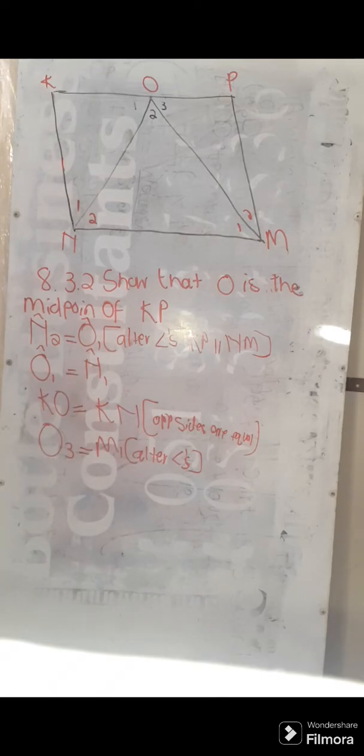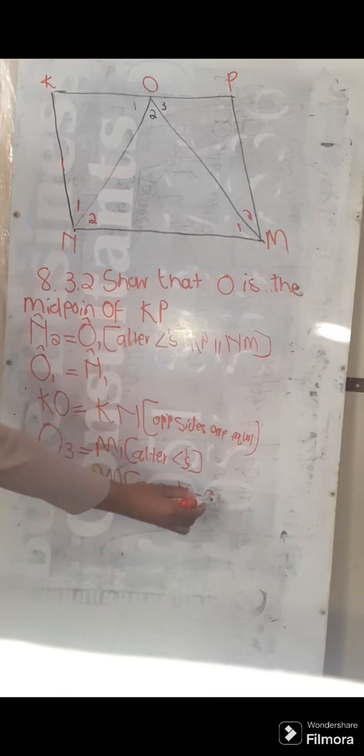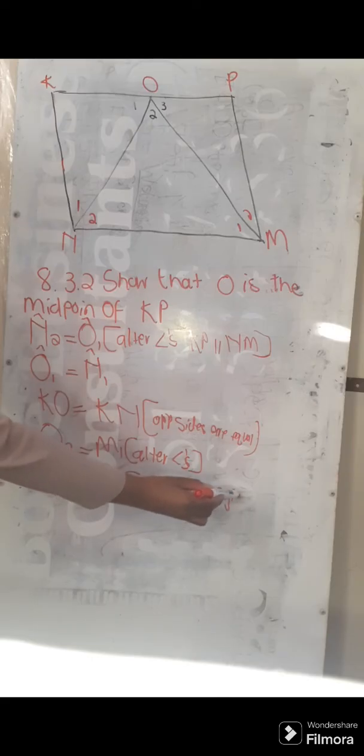And then the next thing we are going to say, therefore, OP, just like here, is equal to PM. Opposite sides are equal. You can write it like this as well.